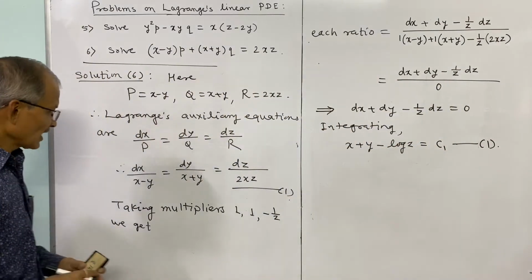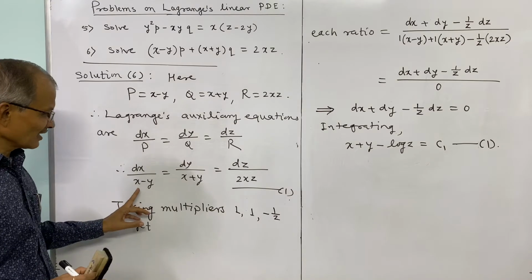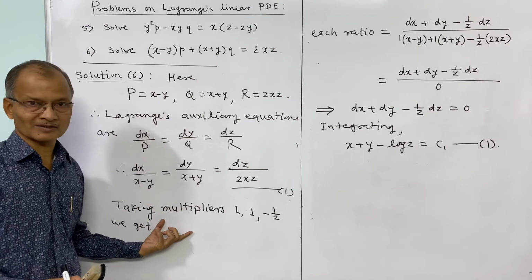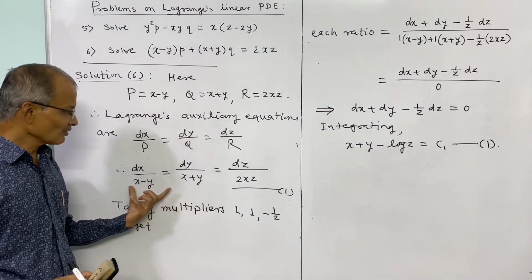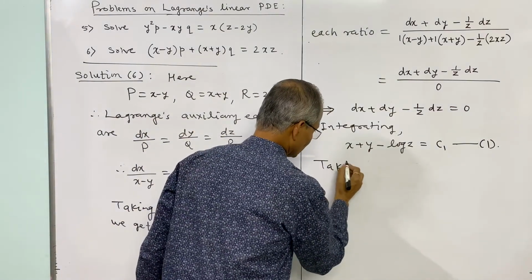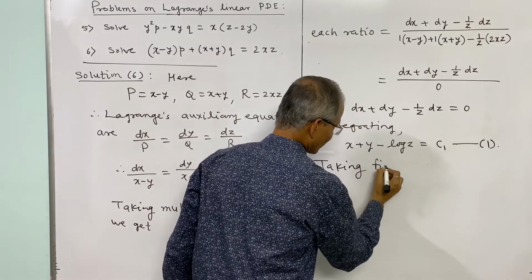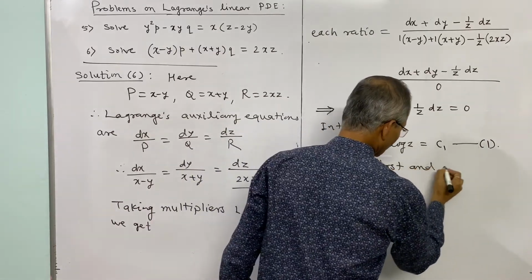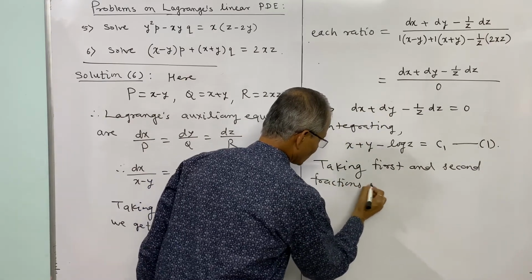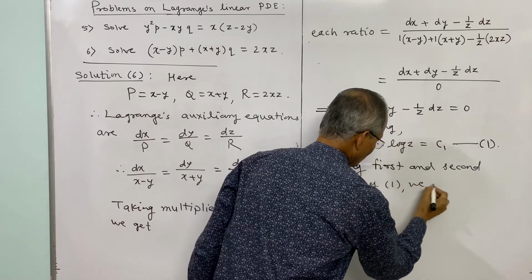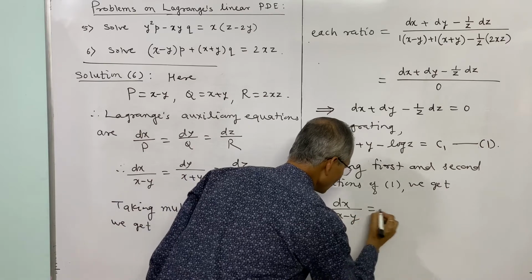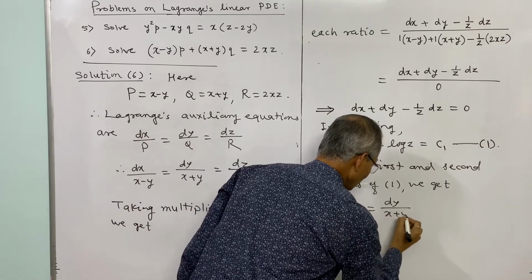Now to get the second one, we shall consider the first and second fractions. Here we have used multipliers, and now we use grouping. Taking the first and second fractions, we get dx divided by x minus y is equal to dy divided by x plus y.